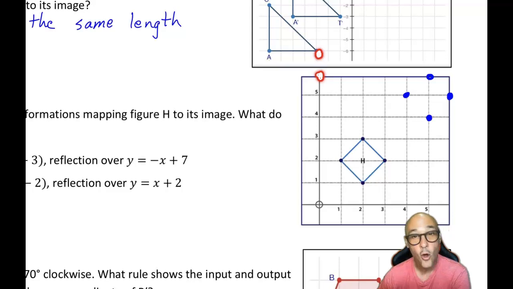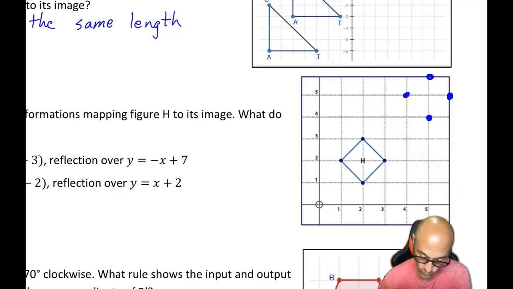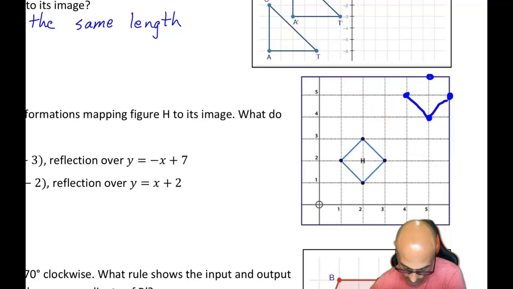So the slope is negative 1, so as we go to the right 1, we go down 1. And so here is where that line lies. The y-intercept is 7 and the slope is negative 1. So I'm going to draw in that line, and I guess I could have drawn in this little square. So that line came down like this.